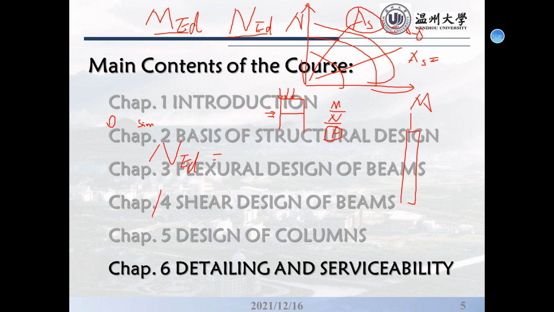But for the MEd, do you remember that we introduced in the short columns? They are related to the sides. Always the maximum moment occurs on the sides, right? Multiply eccentricity e by NEd, right?